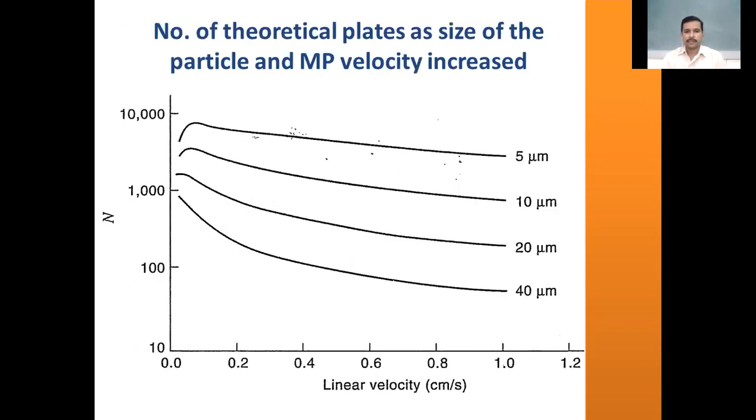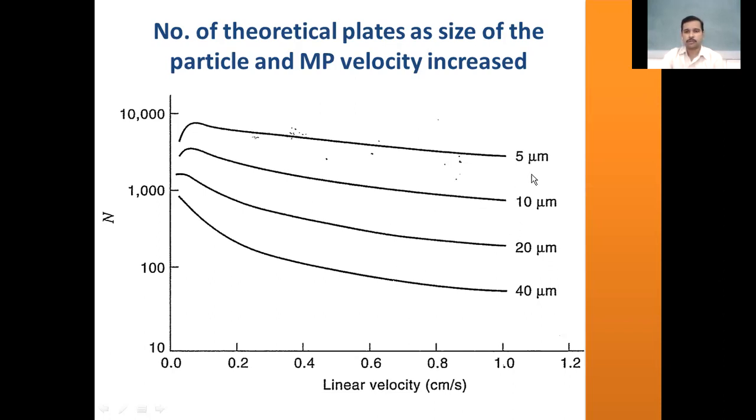This is a graph to show the collective effect of linear mobile phase velocity and the column efficiency. So how will the number of theoretical plates be affected as the size of the stationary phase particle and the mobile phase velocity are increased? Here there are four curves.